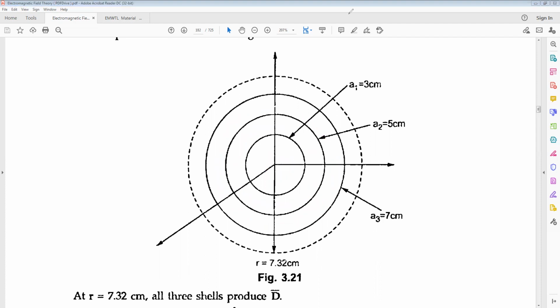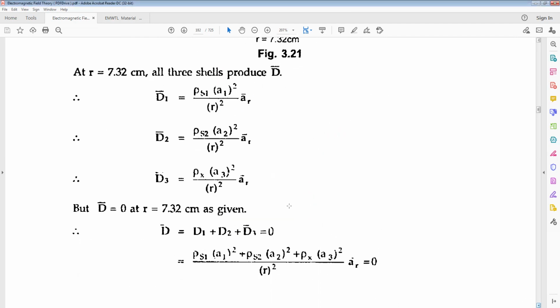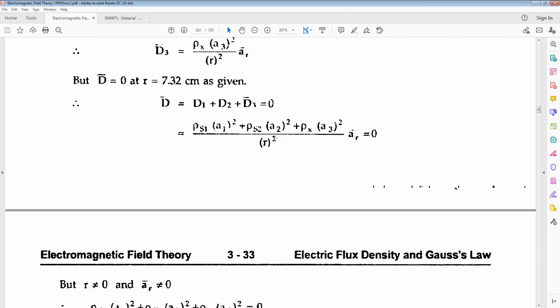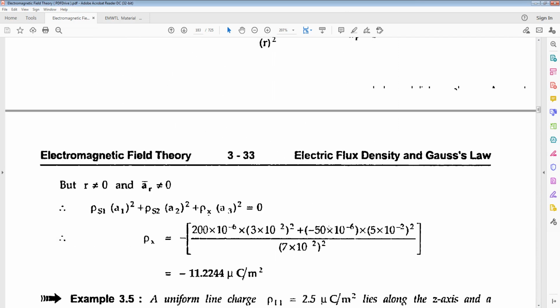And the second example, they're asking to find the rho x when the D bar is equal to 0, if the radius is outside all the circles. First one is rho s1 and second one is rho s2 and third one is rho s. A1 we can find here as 3 and A2 is minus 50.